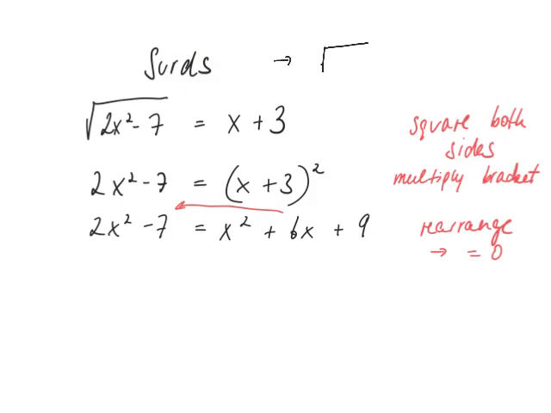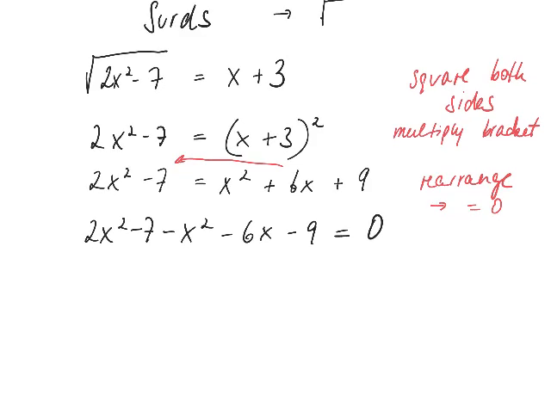That leaves me with 2x squared minus 7, which is already here. Then I bring over the x squared, which gives me minus x squared. I bring over the 6x, which gives me minus 6x. I bring over the 9, which gives me minus 9. And what I've left on the right is just 0.